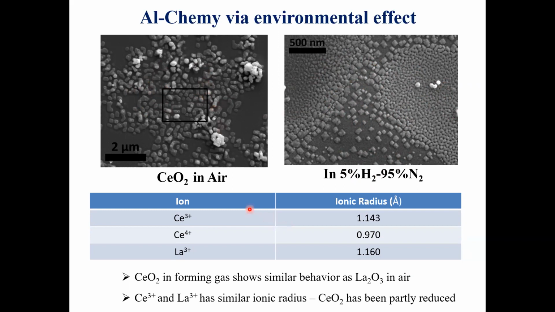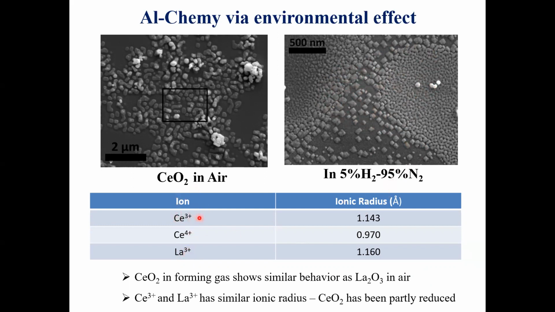Then we looked at the size comparison. If you look at lanthanum and compare the size of cerium 3+ and cerium 4+, cerium 4+ is much smaller than lanthanum. The picture that we are seeing here is exactly what you see for nano-island formation using lanthanum oxide.